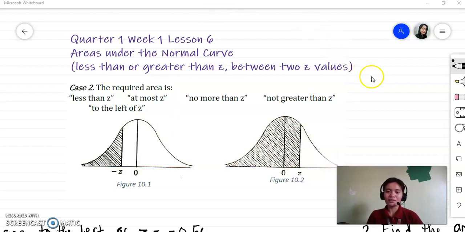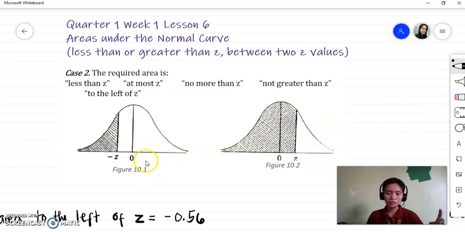Anyway, for case number 2, here are the keywords. Remember in our case number 1, the required area is greater than z. This time, the required area is less than z. Now, take a look at these figures.